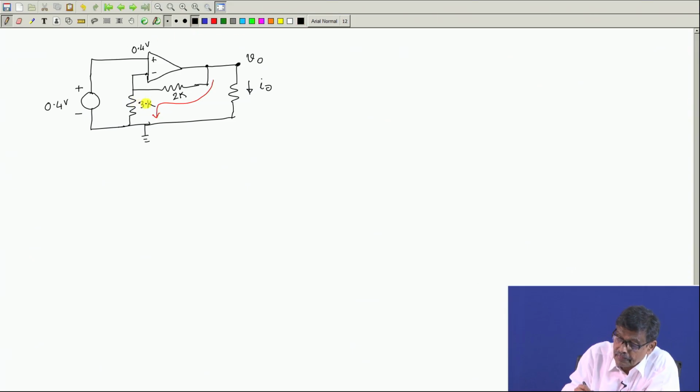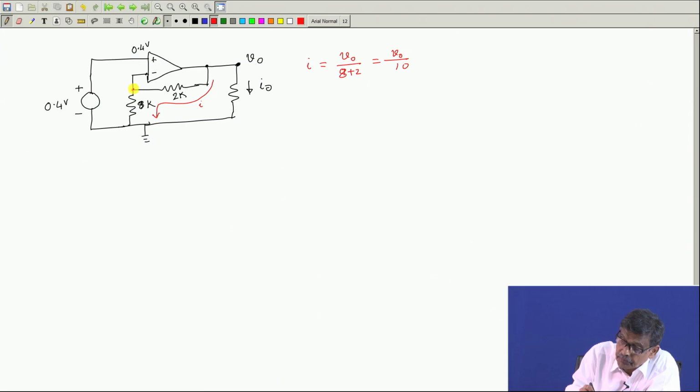So, this current I will be V naught divided by 8 plus 2 K, which is equal to V naught by 10.